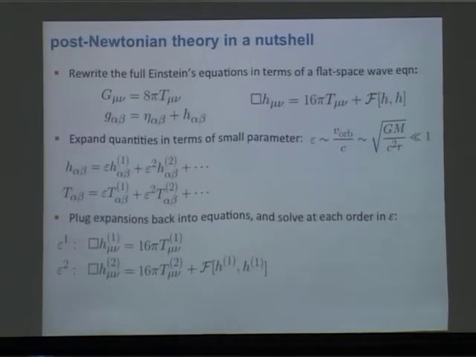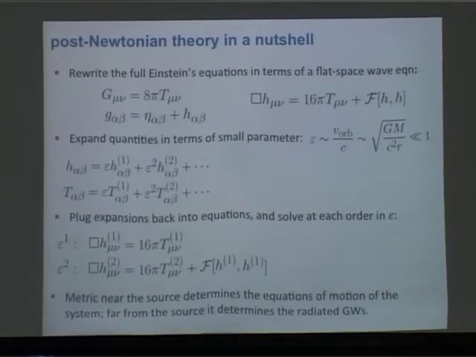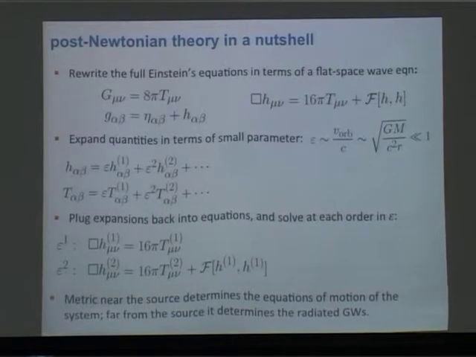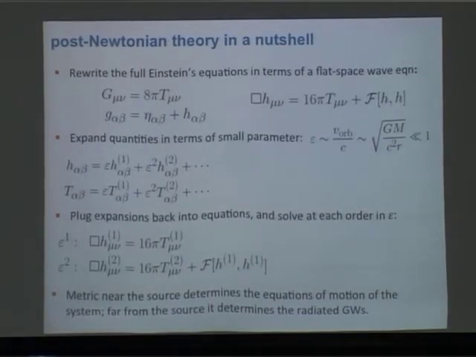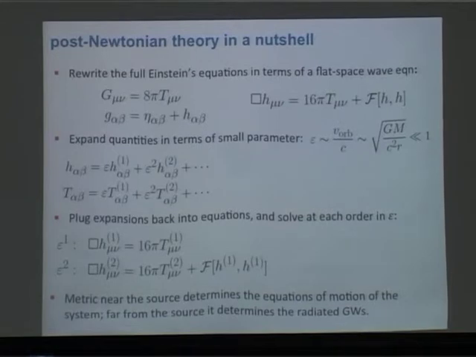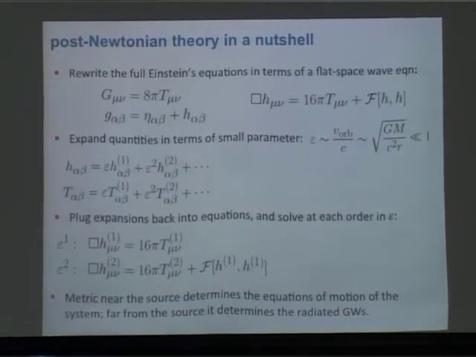And then once you know the result at first order, you can plug it back in and get the second order result, et cetera. So it's a little more complicated than I described. In reality, you need to solve this equation in two regimes. You need to solve it in the wave zone far away from the source and get some multipole expansion for your wave, and then you need to relate that multipole expansion to the metric locally to your compact objects.